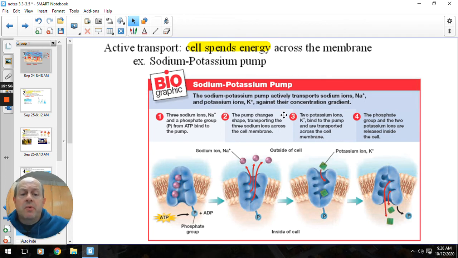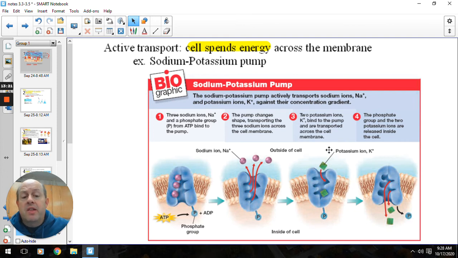One example is the sodium-potassium pump. This is something in your cells that helps keep your sodium and potassium levels at the right stage for electrical transport of nerve signals. What your cell does is pump sodium ions to the outside of the cell, and then bring in potassium ions to the inside of the cell.